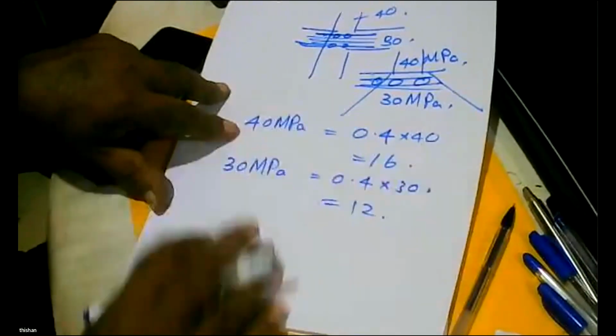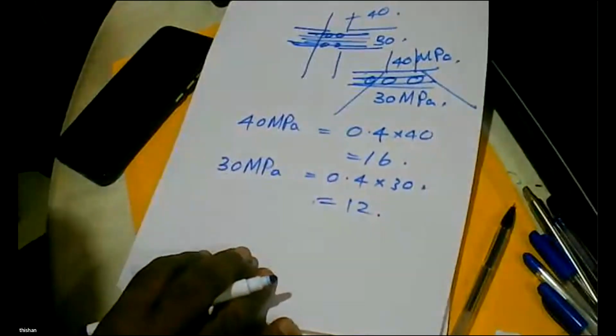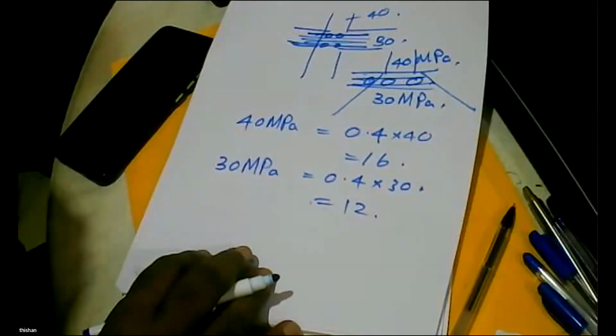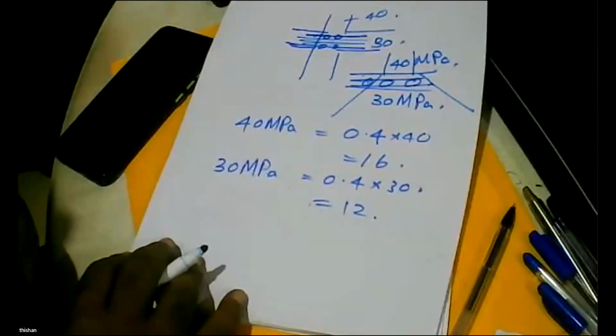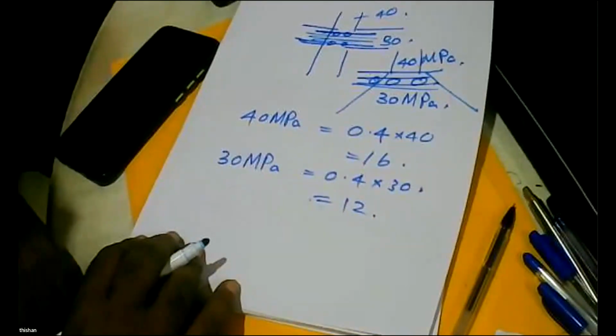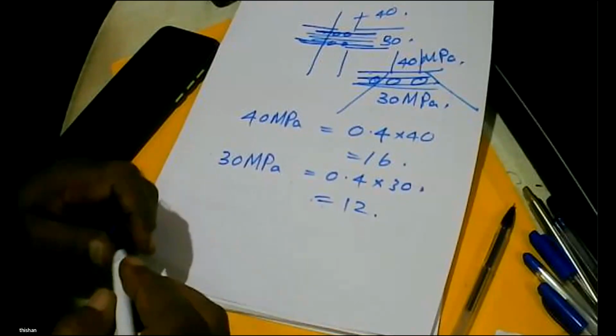So you can see, although we are having a difference of 10, within the structure, the difference is only 4 under the working stresses. So this difference of 4 can be easily accommodated by the reinforcement. So that's why the beams can be 30, columns can be 40. You don't have to do anything, but it is limited to 10. Otherwise, this difference will become too much for reinforcement to handle. So that's why the maximum difference allowed is 10. Is that clear? Have I answered the question?